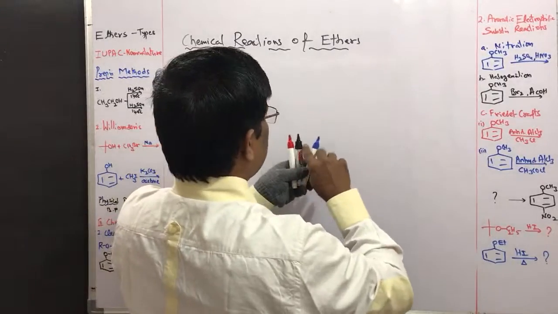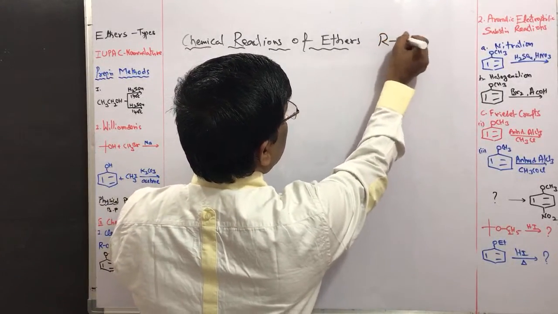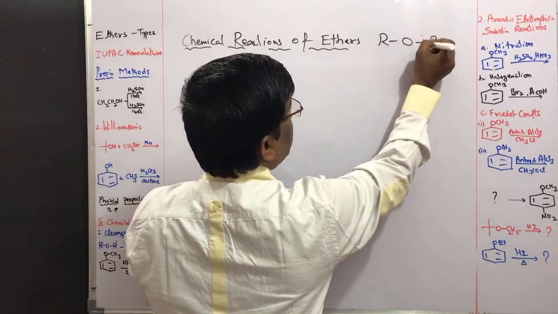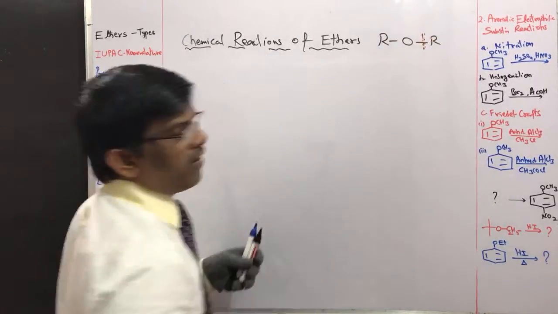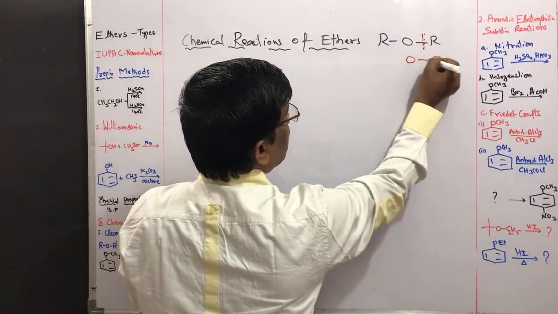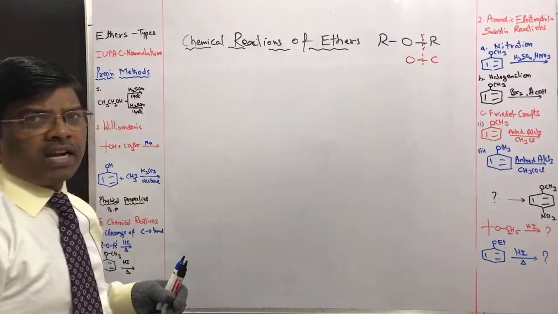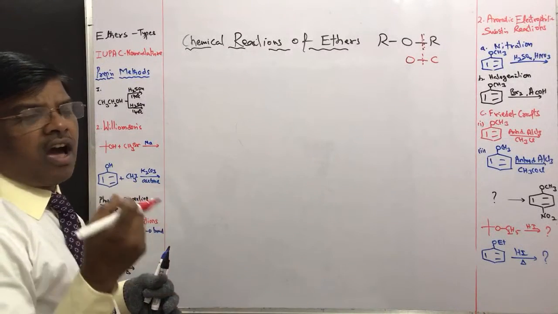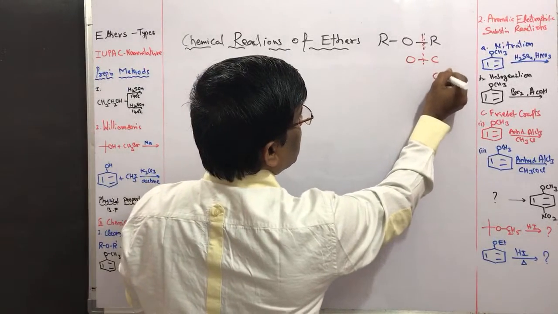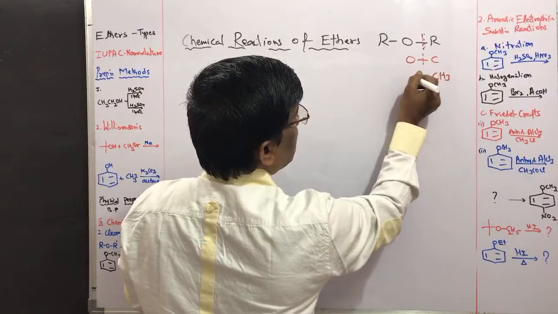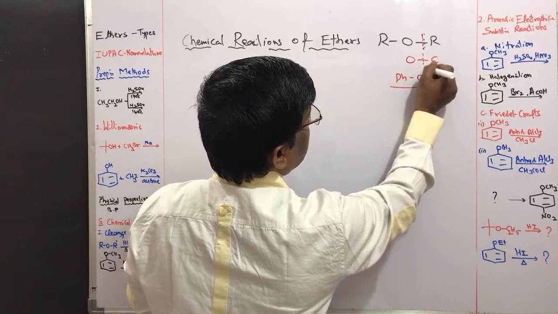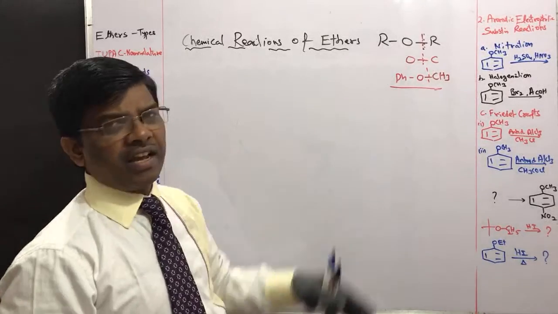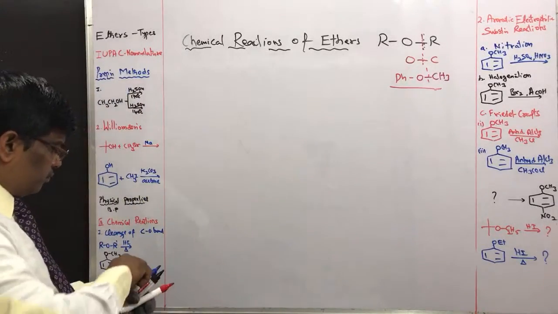The bond which is present in ethers is R, O and R. And the chemical reaction is cleavage of the oxygen and carbon bond. What is this reaction? It is nothing but de-etherification, or if it is a methyl group, then it is known as demethylation of ethers or demethylation reaction. Then how to do?